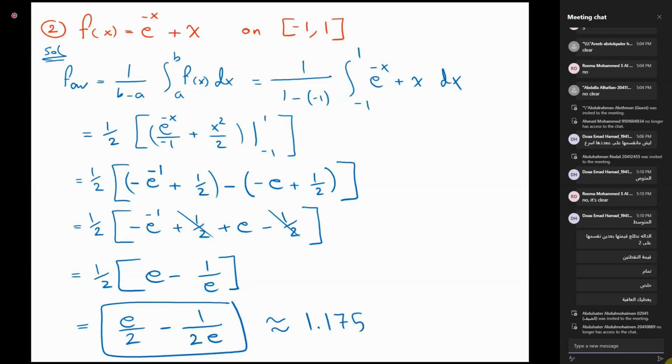Okay, any question? This is the last subject in the integration, definite and indefinite integration chapter.